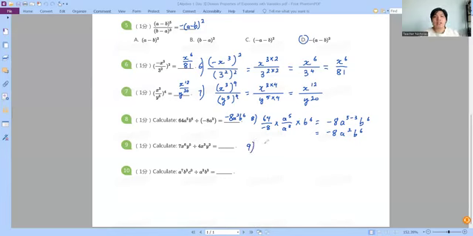Calculate 7x to the 6th power, y to the 5th power, divided by 4x to the 3rd power, y to the 2nd power. Okay, same idea here. What I can write is 7 divided by 4 times x to the 6th power divided by x to the 3rd power times y to the 5th power divided by y to the 2nd power. Okay, great.